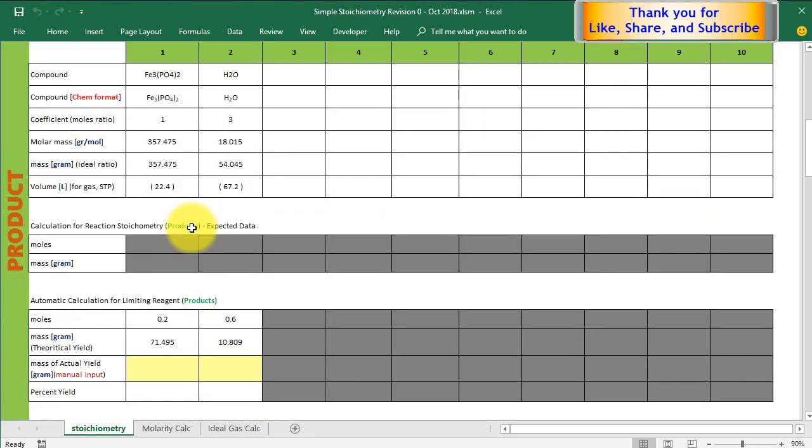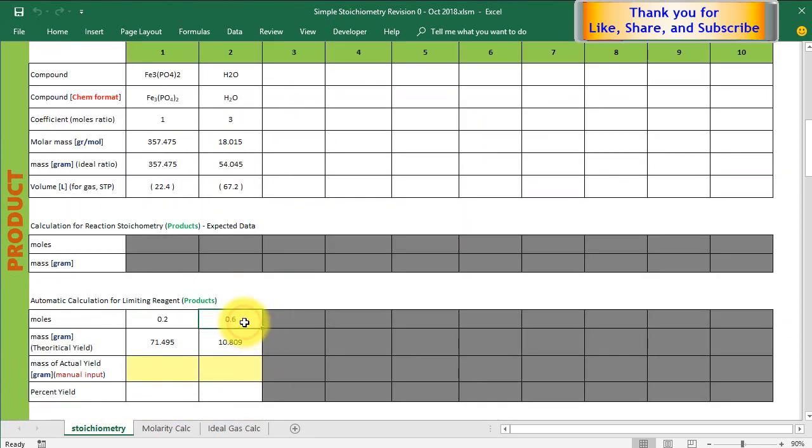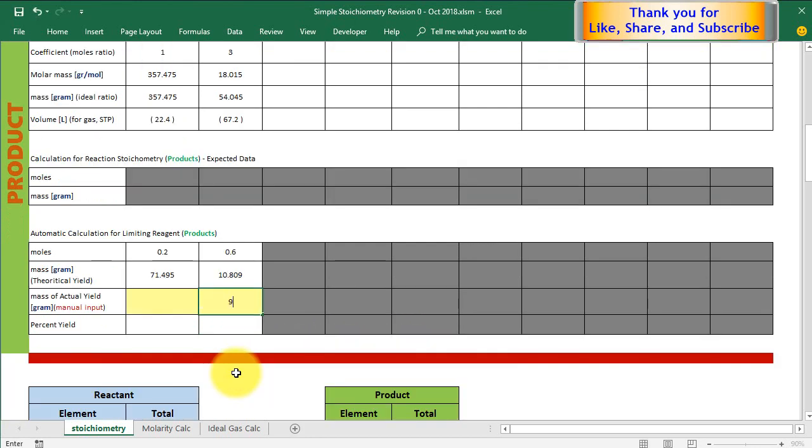Let's see, the water produced is 0.6 mole, or around 10.809 grams. But if the actual is only 9 grams, we can enter.